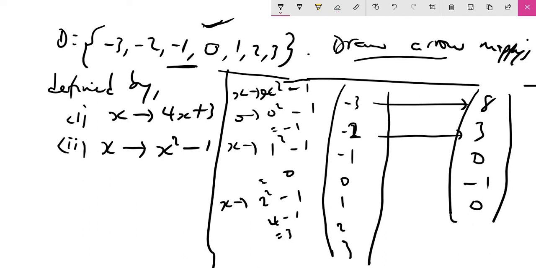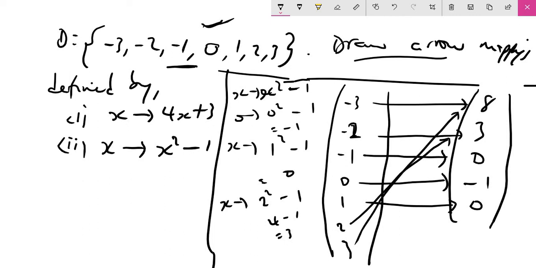So these other ones give 3 and 8 just like this. So when drawing the arrow, you join them this way. This is definitely this. But these two, they have to go all the way up. So this goes to 3 and 3 goes to 8. And this is how that is done. I hope this was clear.